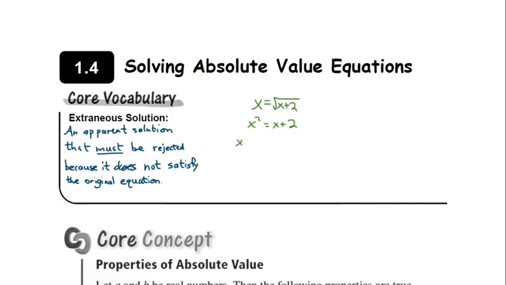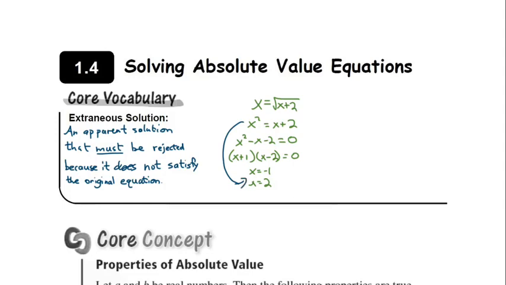Now I've got a quadratic, x squared minus x minus 2. Don't really worry about following what I'm doing here. You get x plus 1, x minus 2 equals 0, and this turns into x equals negative 1 and x equals positive 2. According to this train of logic, we get those two answers.